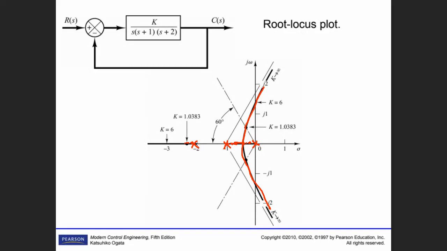And while it's moving like this, for this value, for this value, and for that value, for that value, and also for this value, for k is equal to 1.03.